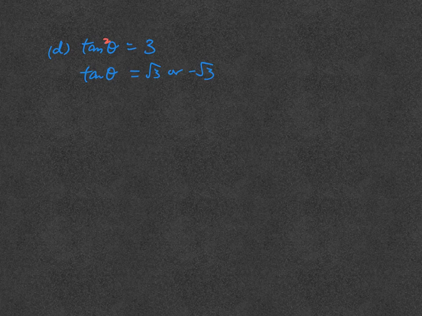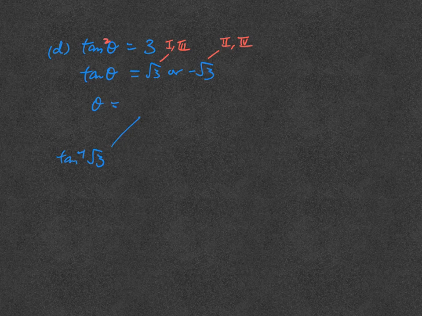Wow, this question is very funny, or terrible, as you will see later. Root 3 means it's in quadrant 1 and quadrant 3. Minus root 3 means quadrant 2 and quadrant 4. That means there are 4 answers finally. By the way, let's try shift tangent of root 3 in the calculator first.